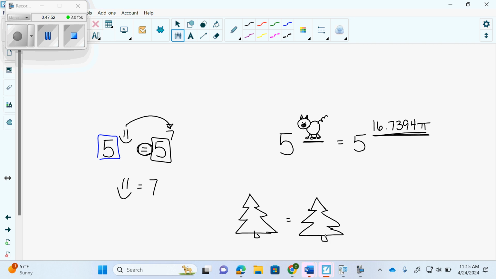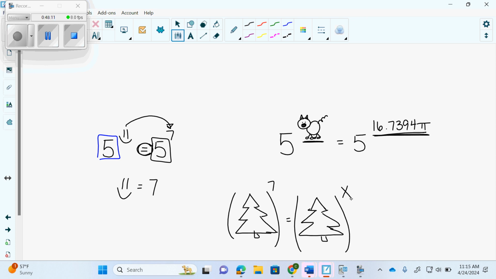I did really well, and then it went downhill. And this one is to the 7, and this one is to the x. X equals 7. Is that true? As long as those two bases are the same, 5, Christmas trees, piggies, I don't really care, then those exponents must equal if that's a true statement.